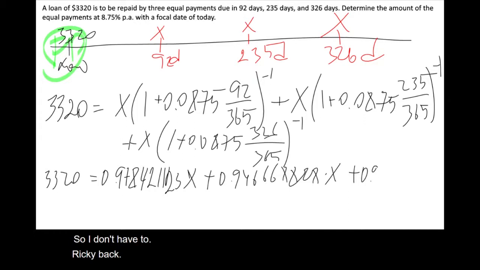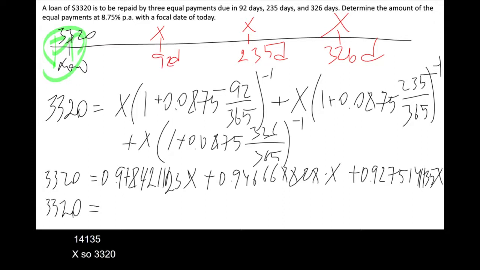So 0.25141 35x. So 3320. Now I add them up.